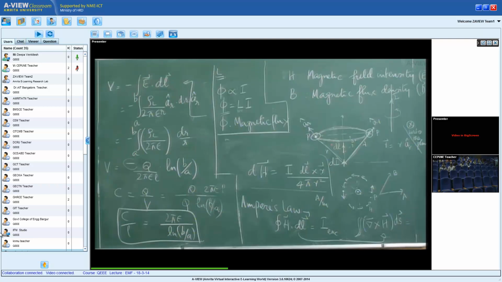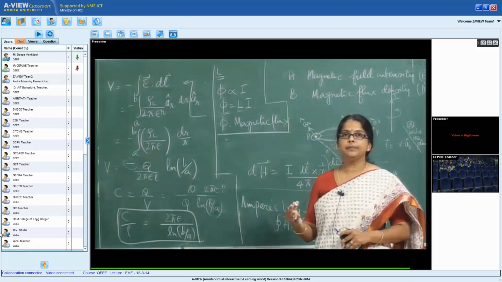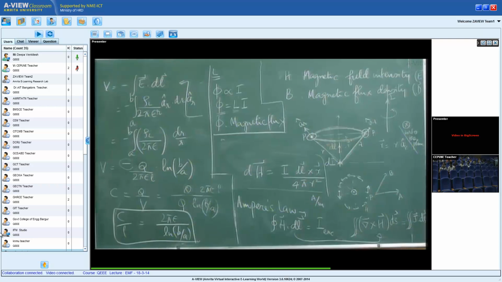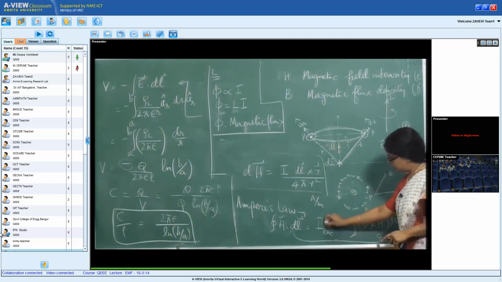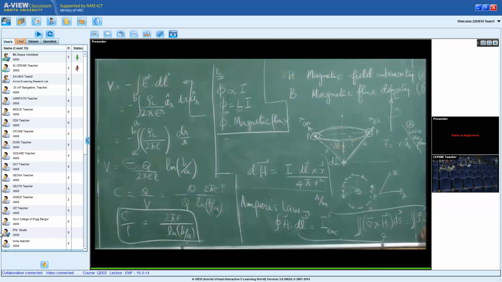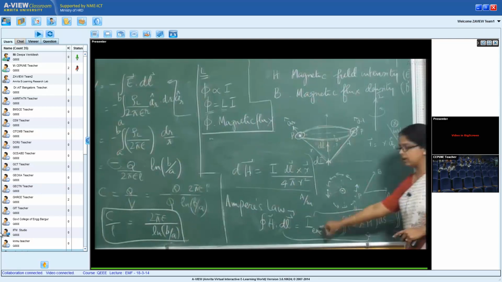That is equal to, now last time when we discussed current density, we also said that current can be written as the surface integral of J dot ds. Because current density is current per area, if I integrate current per area over the area, I should get the total current.